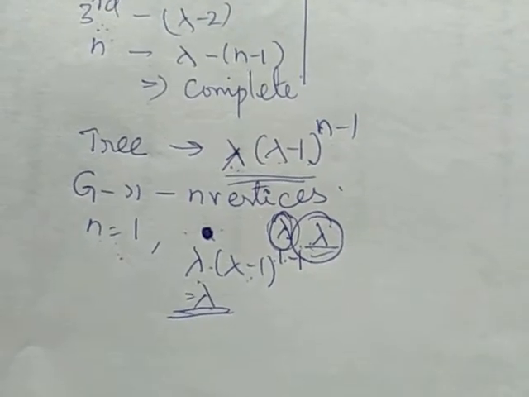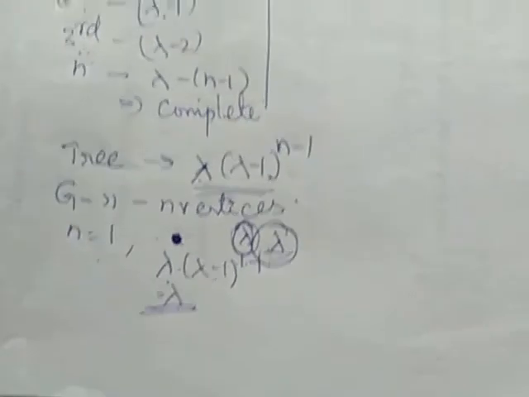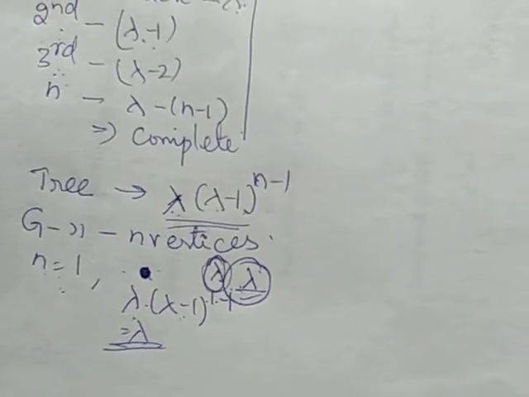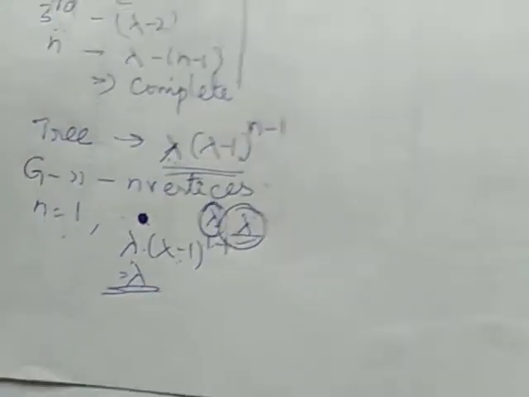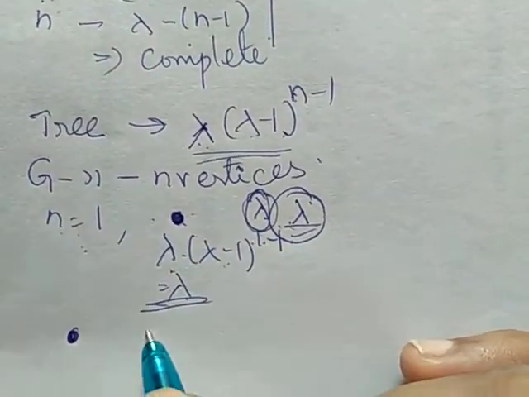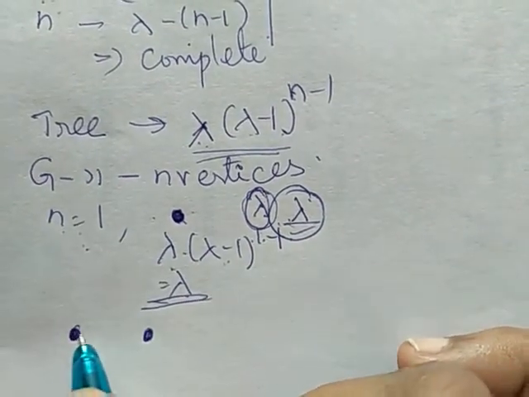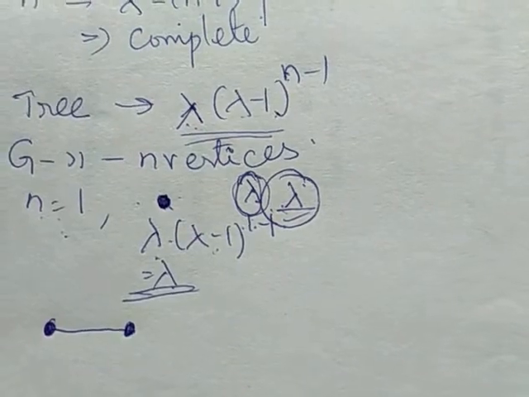Let us consider when n is 2. When n is 2, the graph contains exactly one edge. We are having two vertices, adjacent to each other.